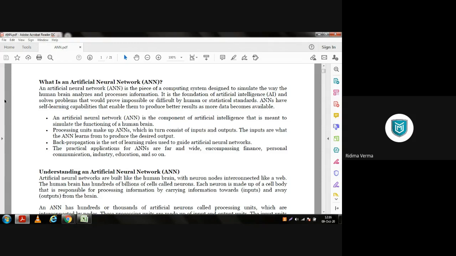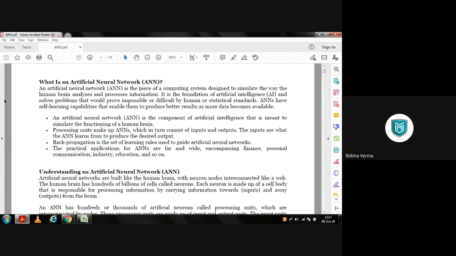The basic thing working behind this complete process is artificial intelligence. We are making our systems more intelligent, through which our systems can better understand the input we are providing, and according to that, give the output. So ANNs have self-learning capabilities that enable them to produce better results as more data becomes available.